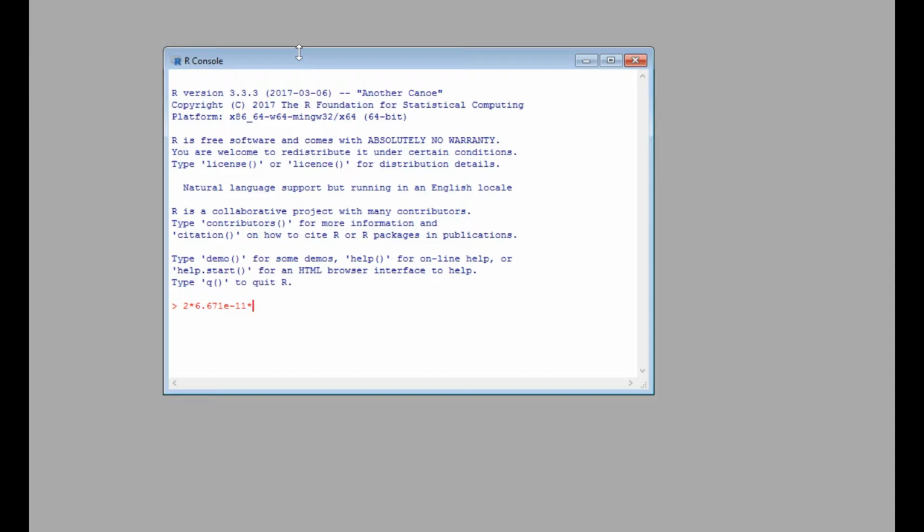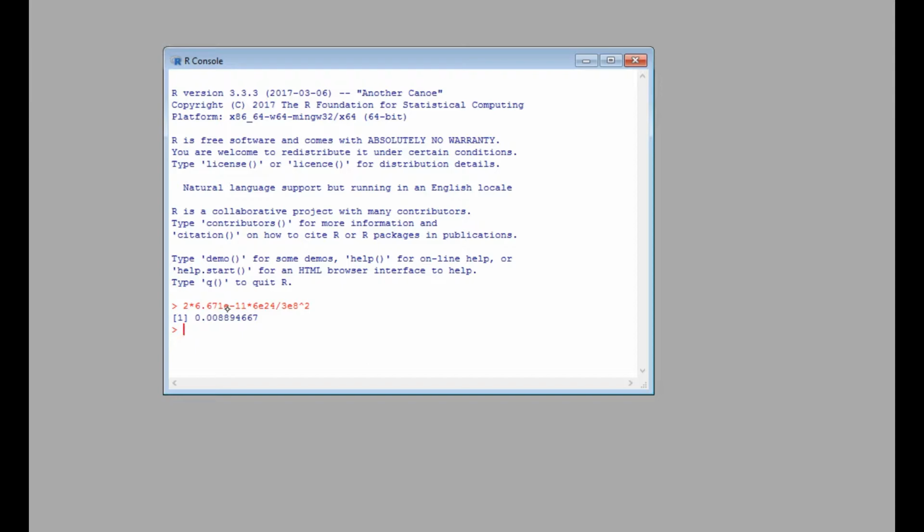What did I have for that? 6 times 10 to the 24, over c squared, 3e8 squared. That's the radius in meters. So what's that? That's 10 millimeters, or 8.8 millimeters.